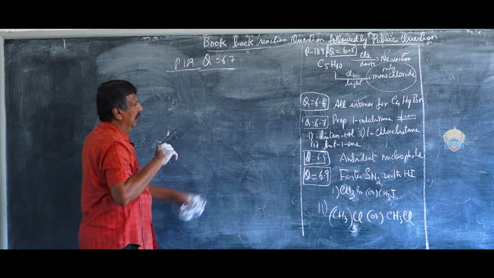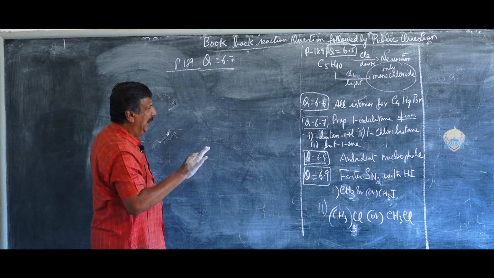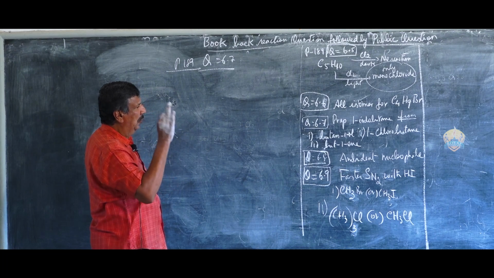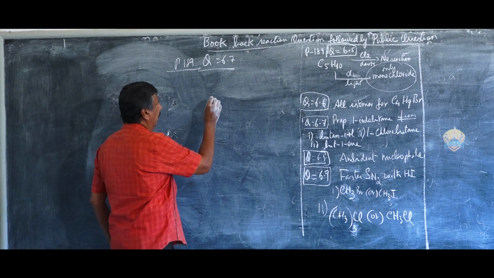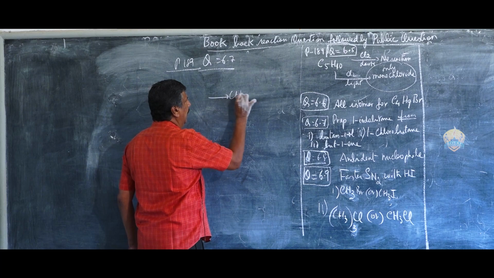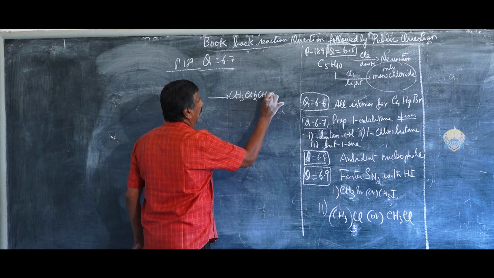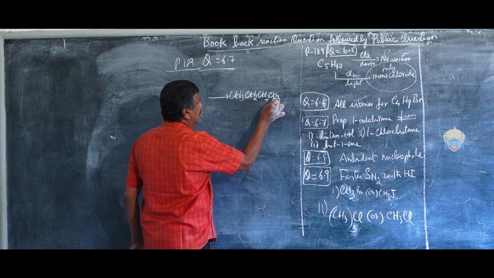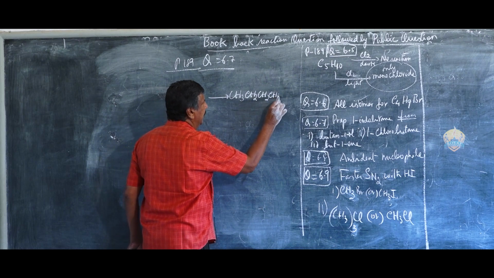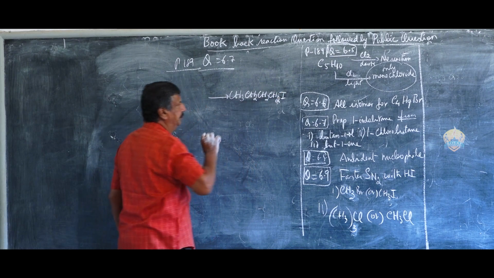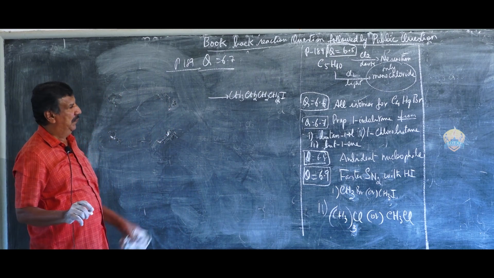Sir. First question what? Prepare one iodobutane. First you write the butane. You see, 1, 2, 3, 4. That's all. But 1 means this is 1-butane. From what?